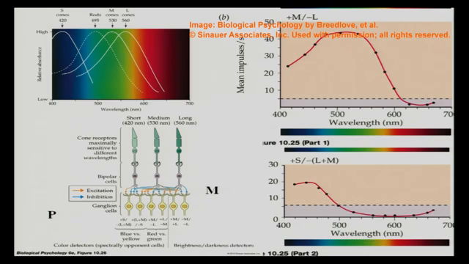And so these are called the yellow-blue, and there are other retinal ganglion cells in the P pathway that get input to their receptive field center from an M cone and to their surrounding region from an L cone.